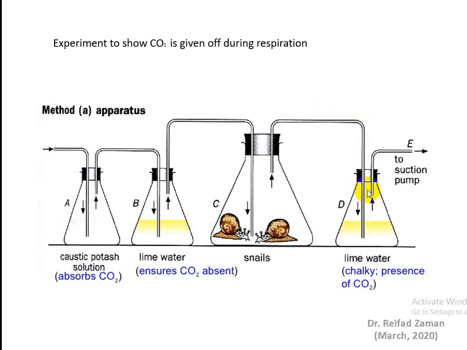This time, since it has the carbon dioxide, the lime water turns milky. So this experiment conclusively proves that living organisms produce carbon dioxide. If living organisms did not produce carbon dioxide, then chamber D in the middle would not have turned cloudy.